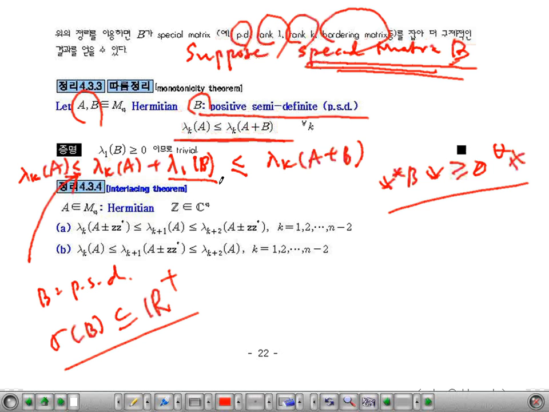So this is non-negative. So this is true, and this comes from the previous theorem. Okay, that's it.